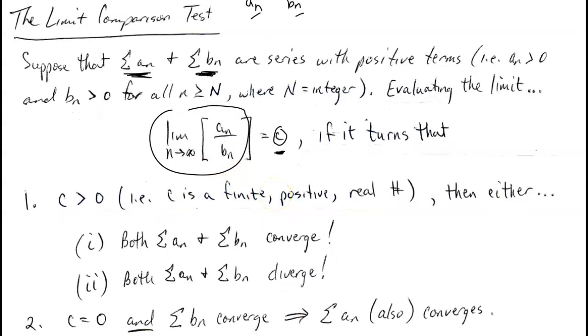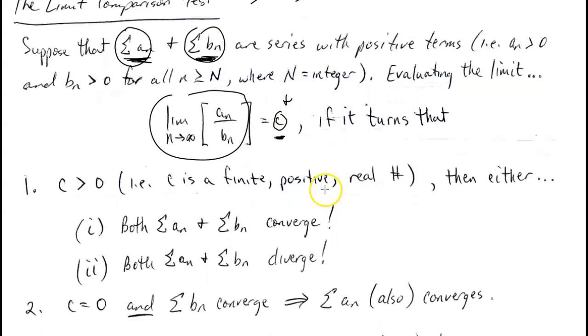So again, here we basically have two series, and we know that the corresponding sequences of the series have positive terms, for all values of n greater than 1. And when we evaluate this limit here, we get some outcome.